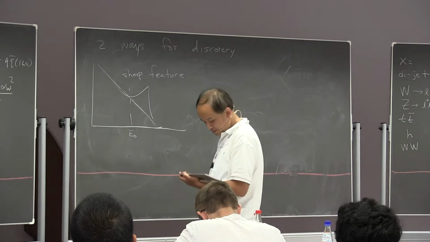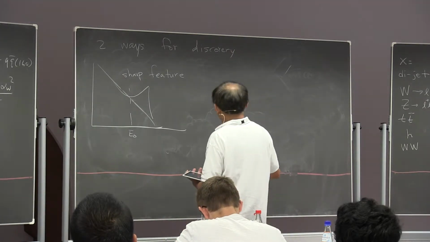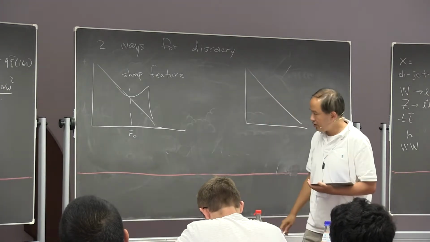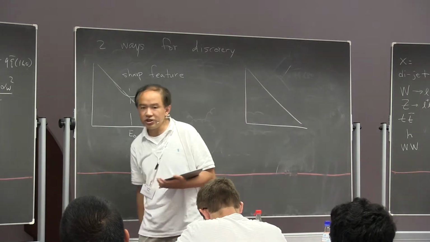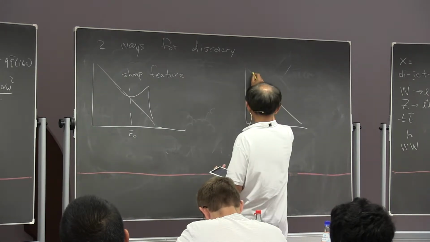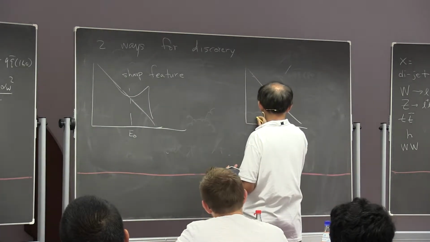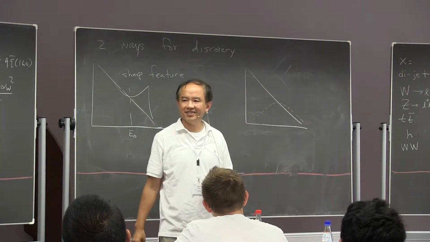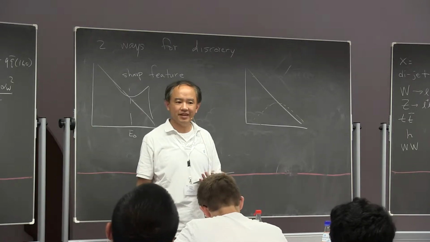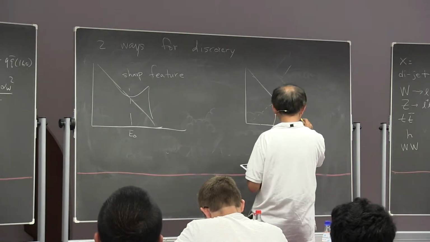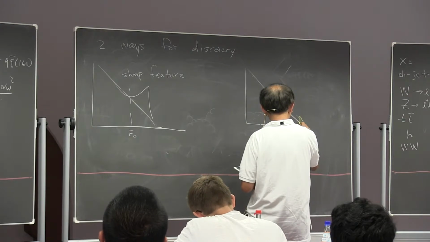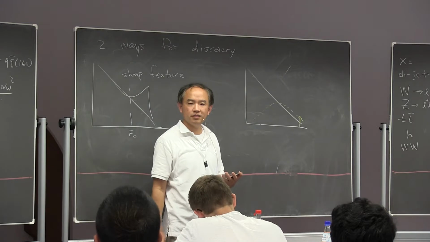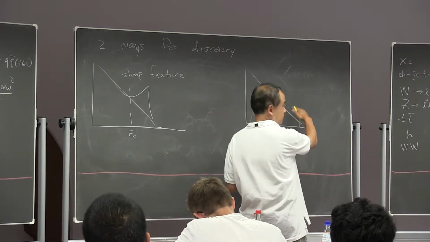Another way is that even though you don't have a very sharp feature, somehow you look like this, and at the very high energies, your rate is comparable with the standard model. So you have an excess here, even though the feature is not so obvious.